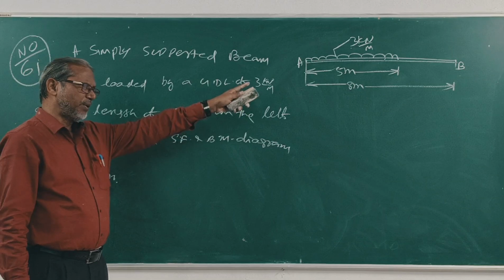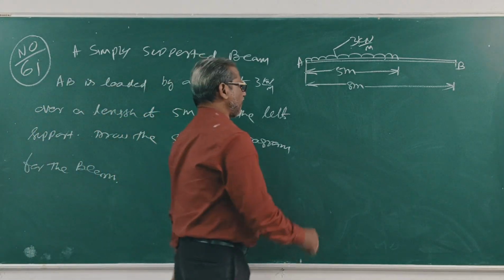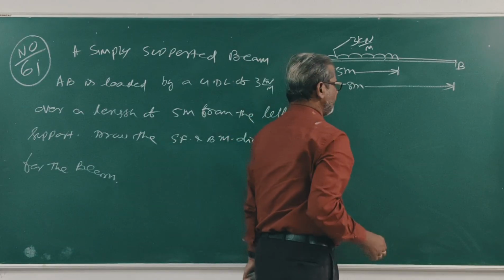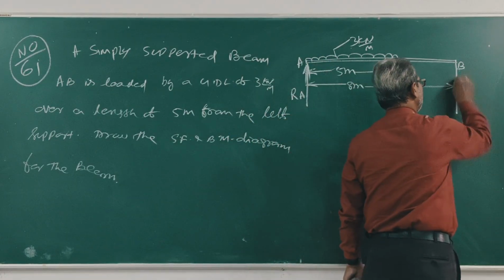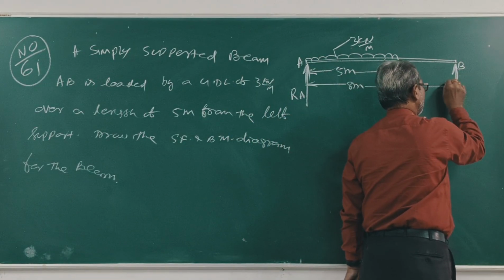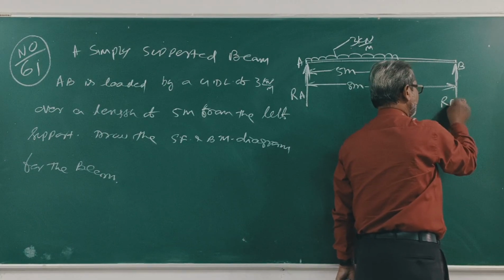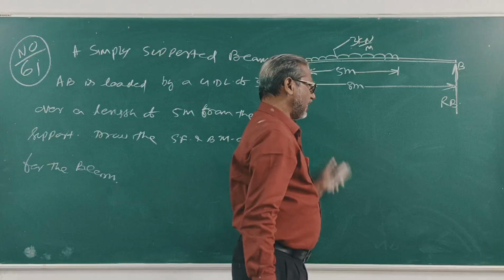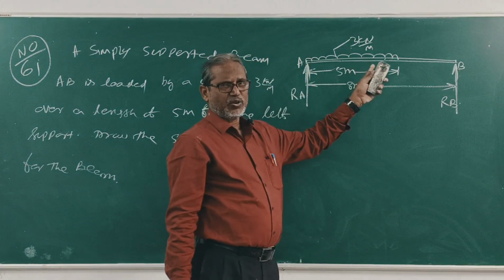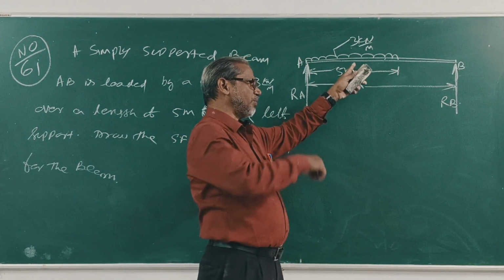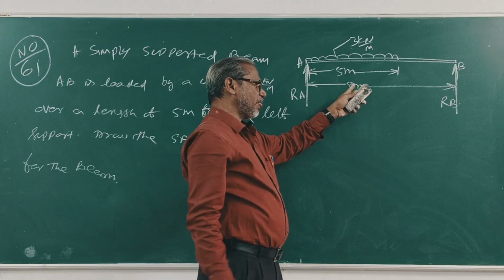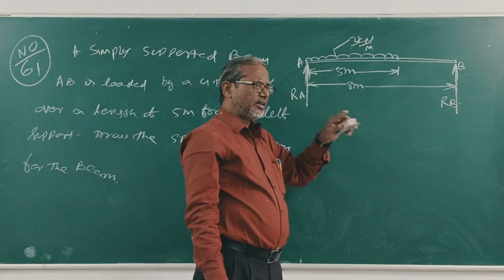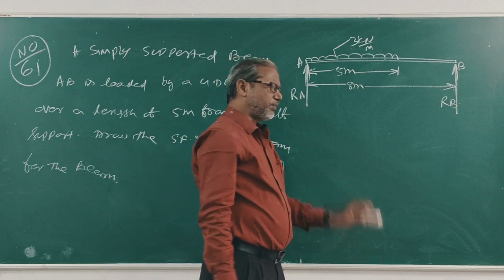The question is, a beam simply supported at A and B. This is RA. This is RB. Clear? The total length is 8 meter. It carries a UDL of 3 kilonewton per meter for a length of 5 meter from the left support A. Draw the SF and BM diagram for the beam.